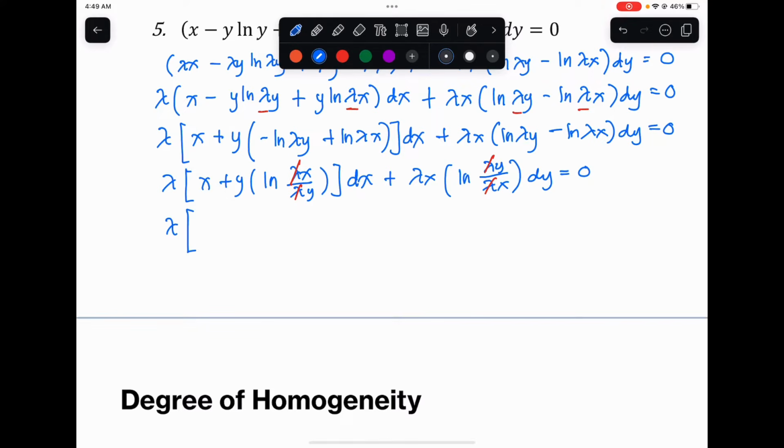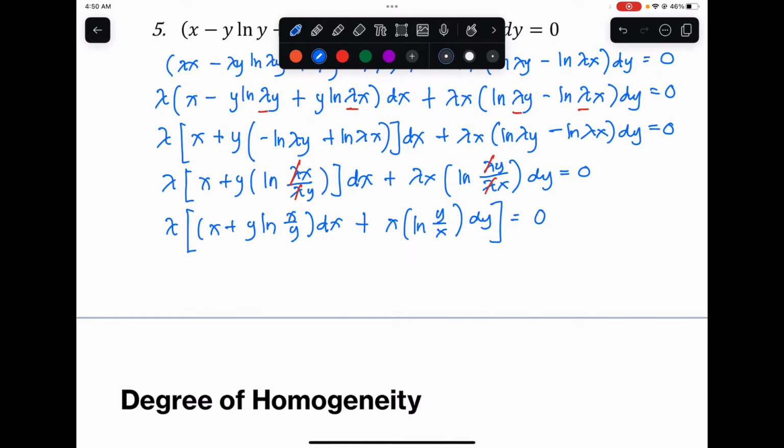So lambda, then this would become x plus y lambda x over y dx, and plus x ln y all over x dy is equal to 0.